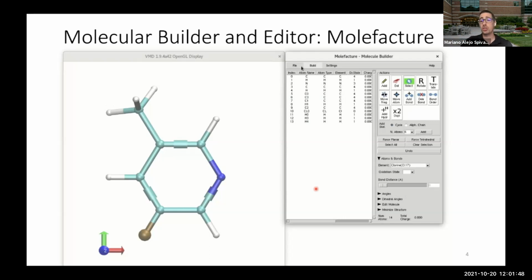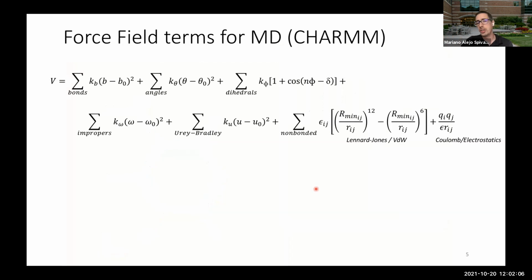Once you have this structure, you can export it as a PSF and PDB, and imagine that I want to simulate this. Now I need to make sure that I have all the parameters in the force field for this molecule.